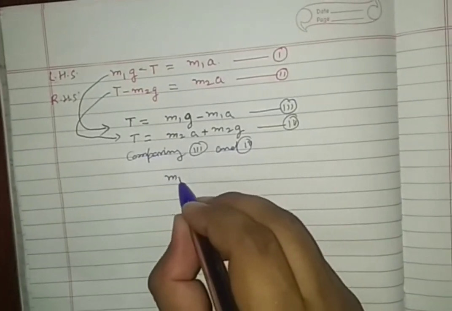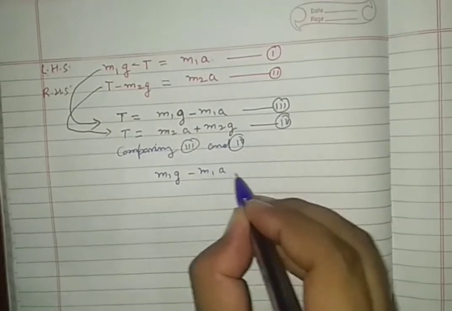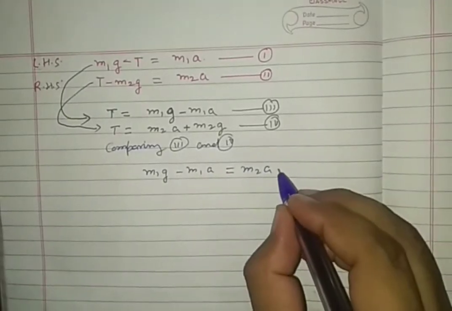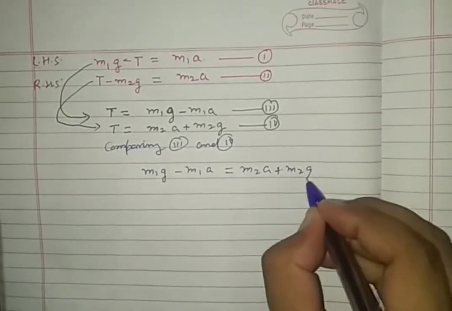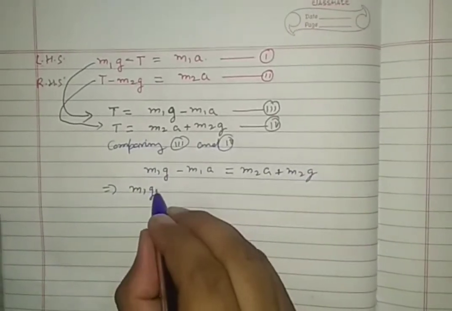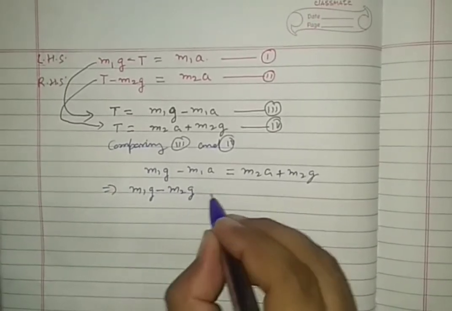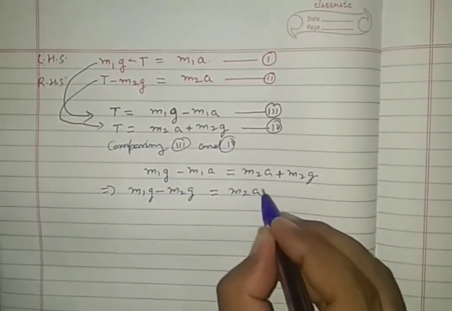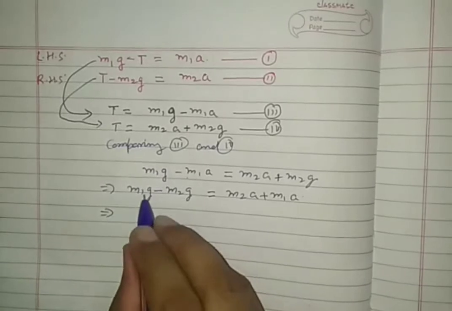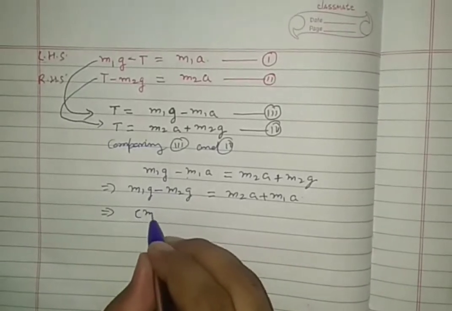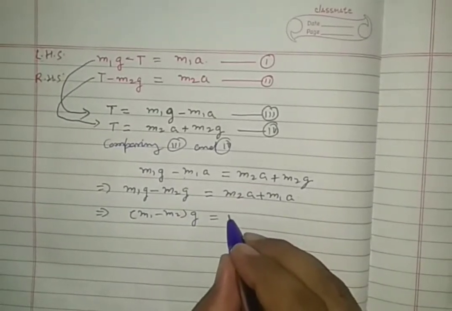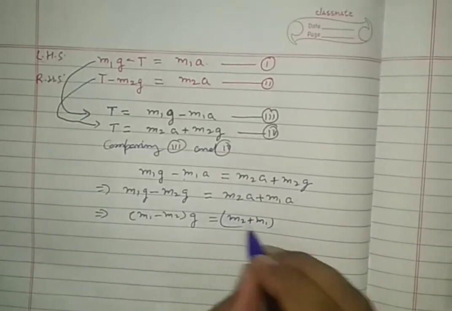M1G minus M1A equals M2A plus M2G. Transferring M2G to this side and M1A to the other, M1G minus M2G equals M2A plus M1A.